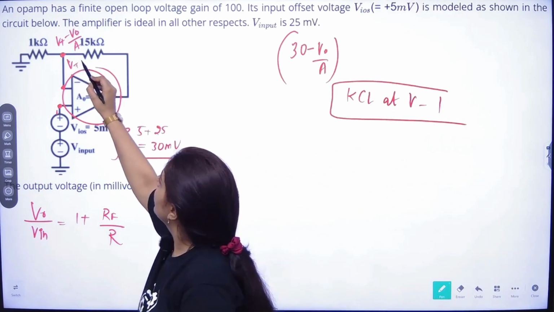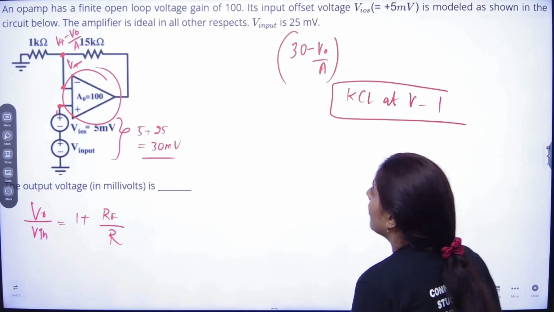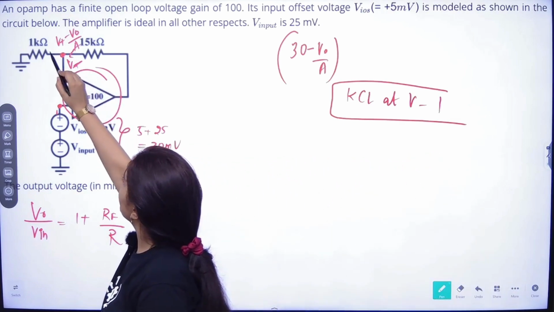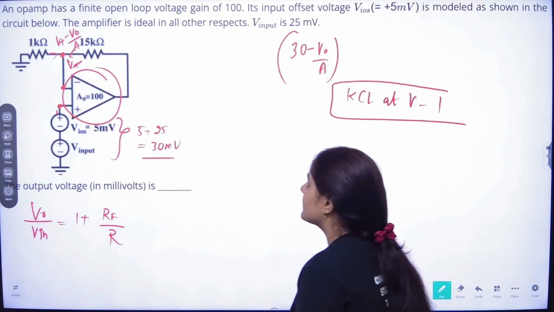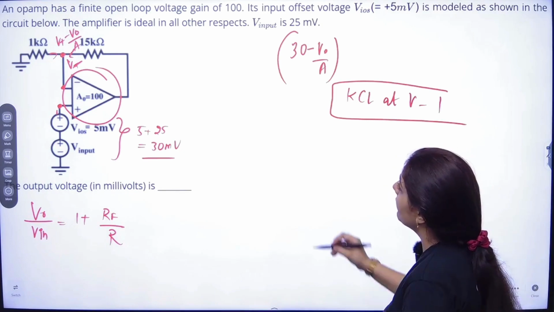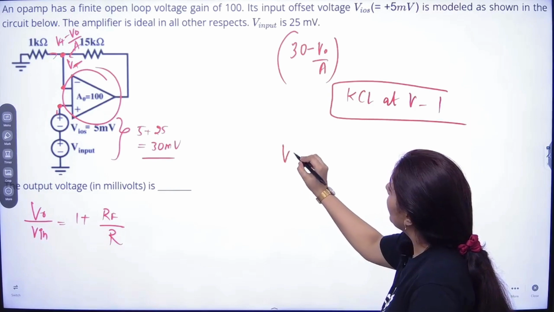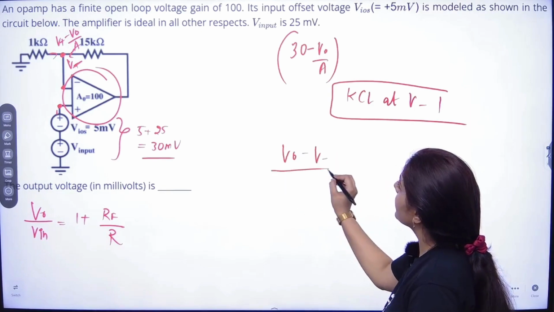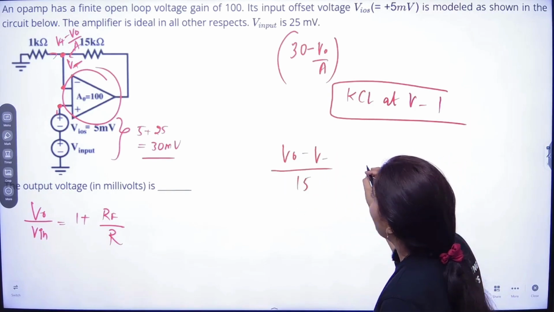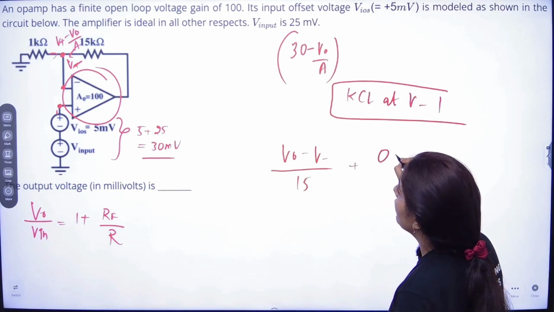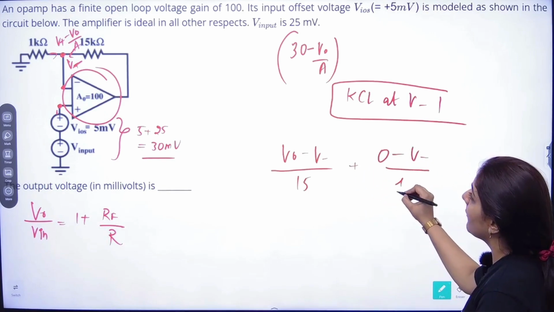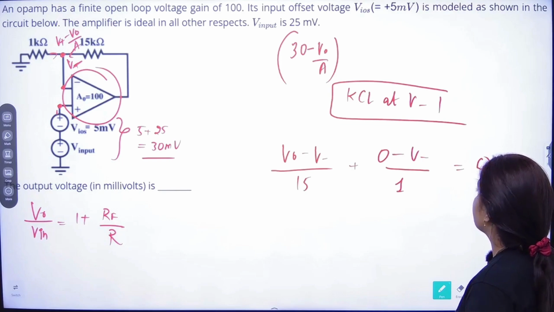This is the V negative terminal. Both the currents are entering; there is no current going inside the op amp. So in this case, V naught minus V negative divided by 15 plus 0 minus V negative divided by 1 is equal to 0.